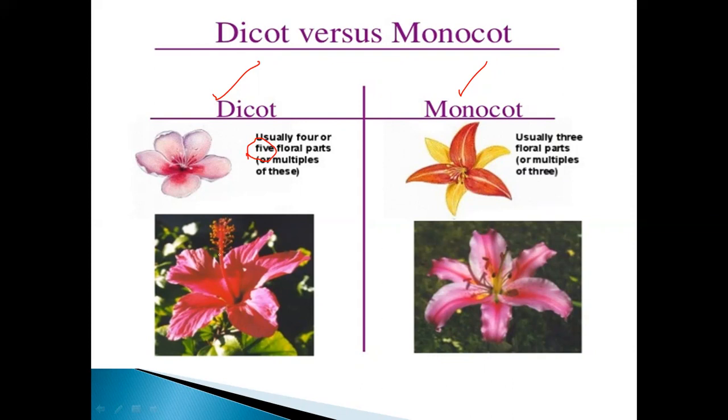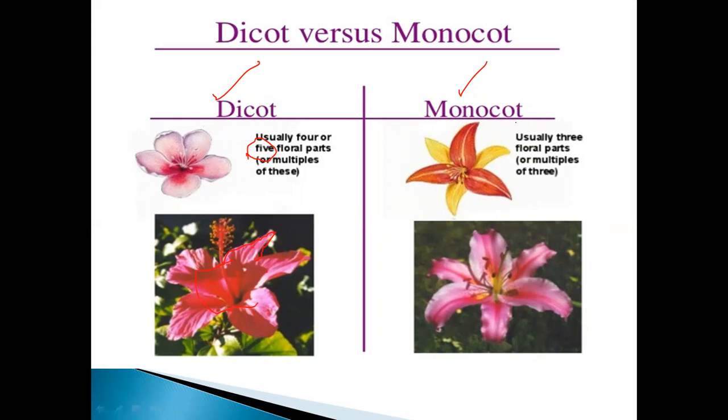In this flower, petals and sepals are the specific floral parts. So they are 1, 2, 3, 4, and 5. Here they also have 5 petals. So it means they are dicotyledons.